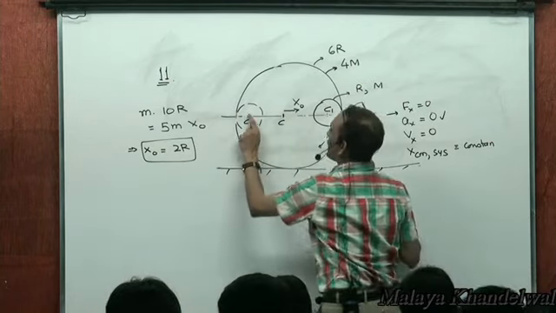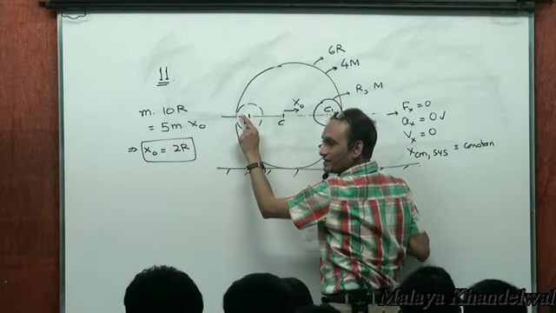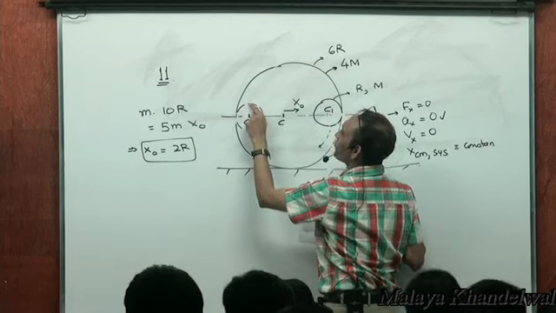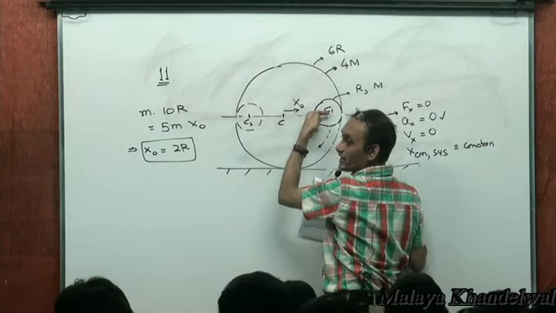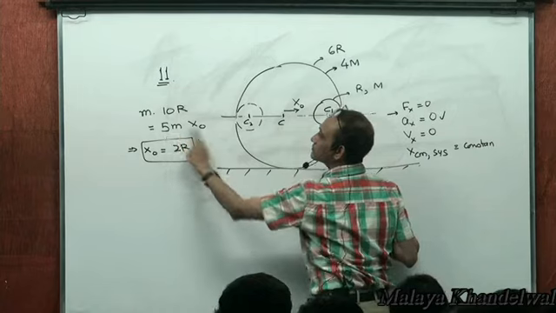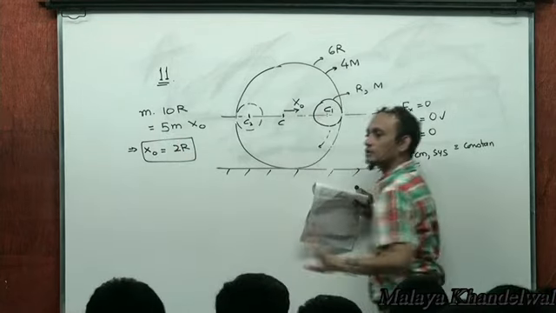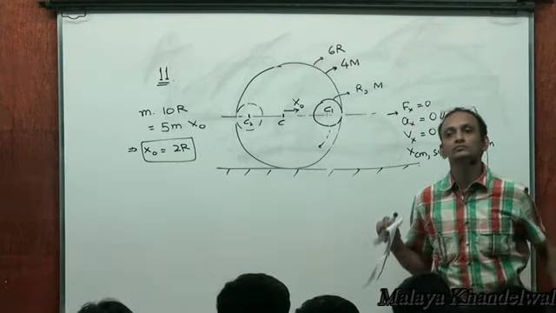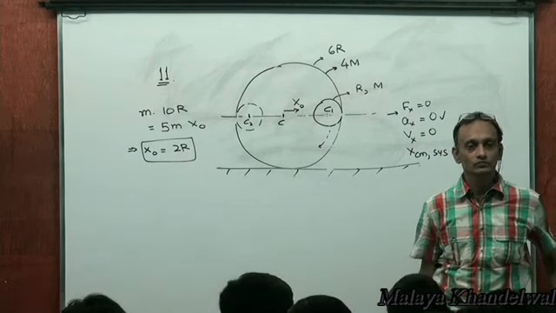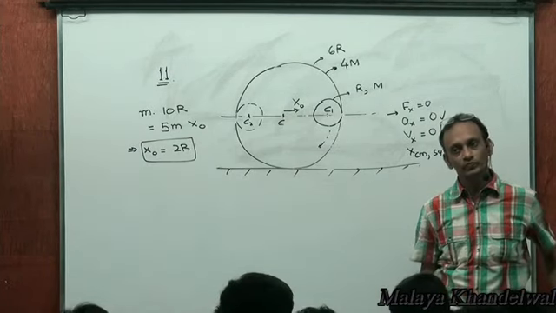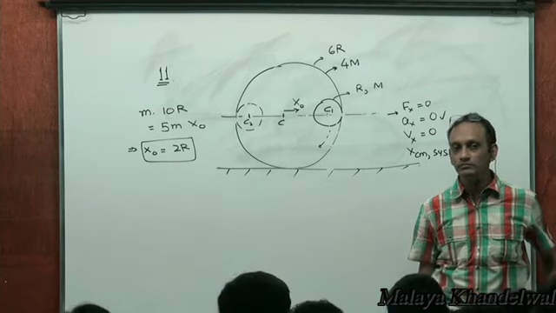See, m into 10r, this is moved by an amount 10r leftwards. So then the total mass 4m plus m, 5m moves by an amount x naught to the right. So x naught must be 2r. Is that okay?